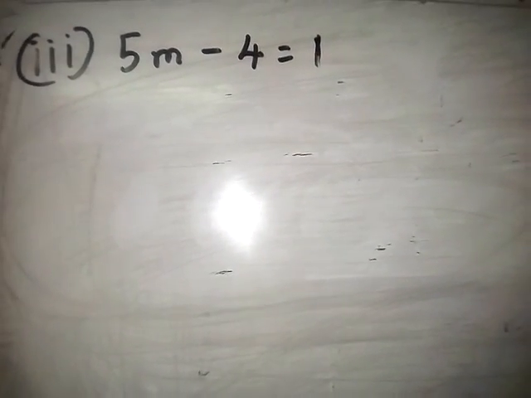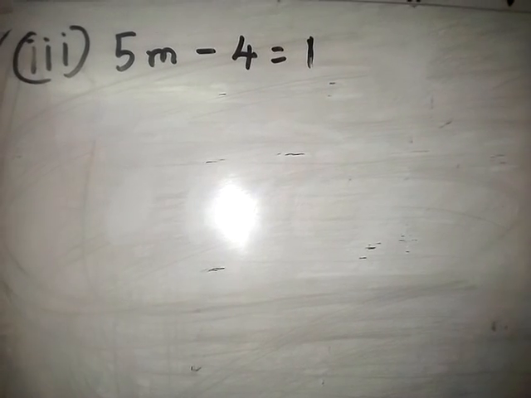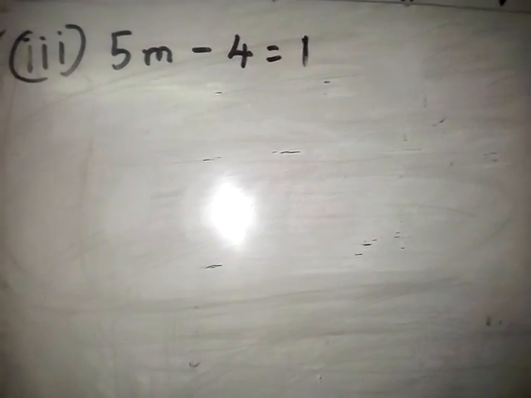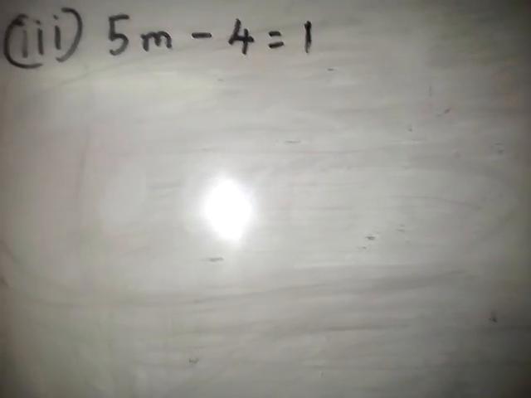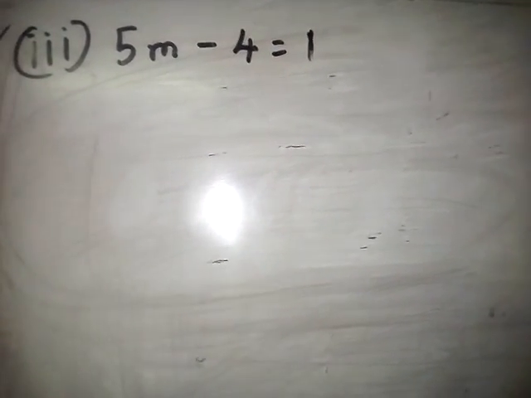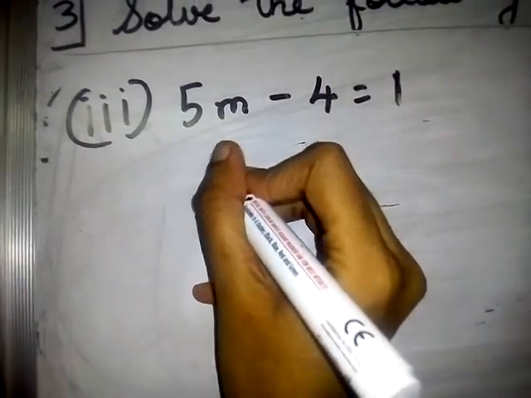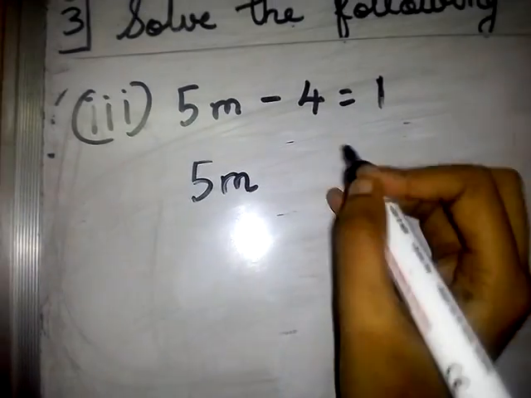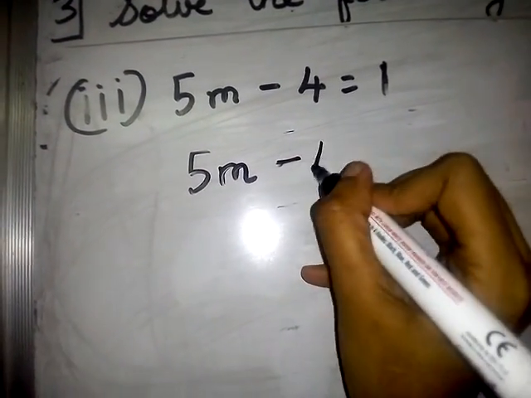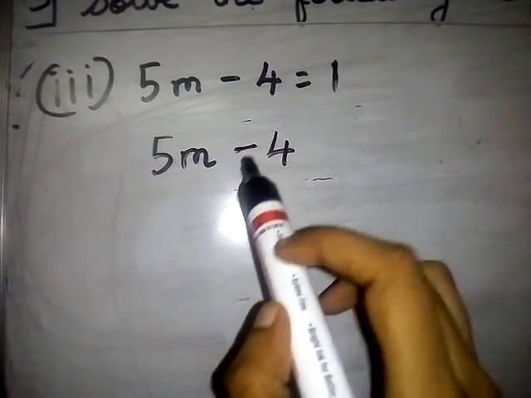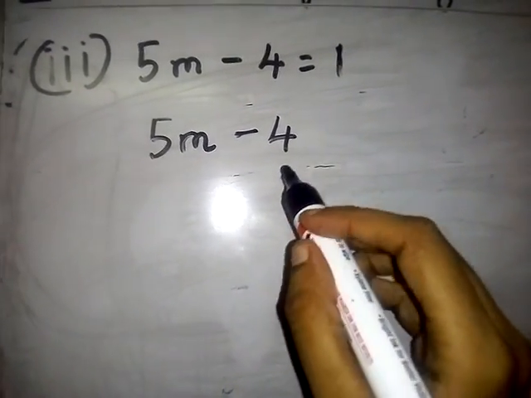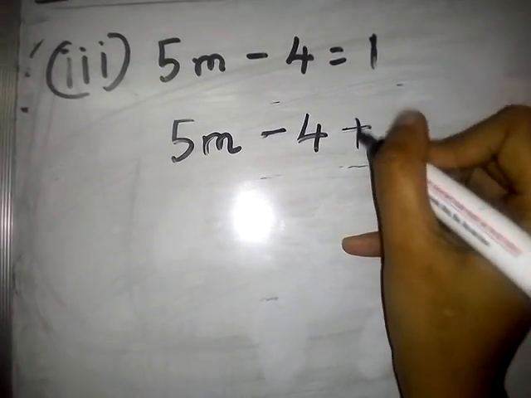Look at the third sum. 5m minus 4 is equal to 1. Now you have to solve this equation the way I taught you in the first and second ones. Number with variable, write as it is. 5m minus 4, on the left side write as it is. Minus 4, you have to take plus sign.